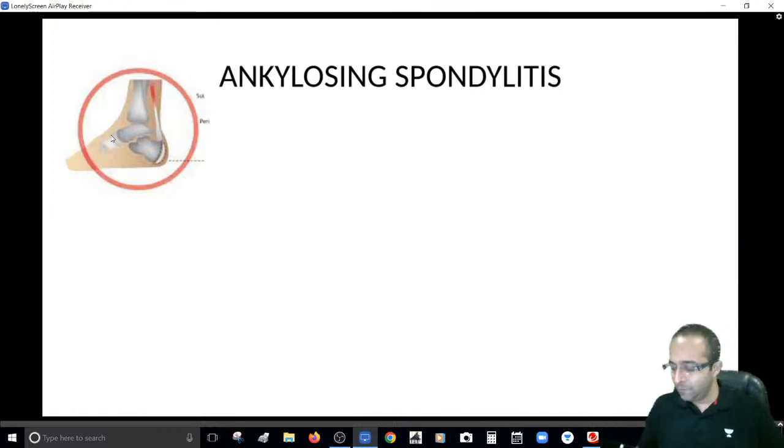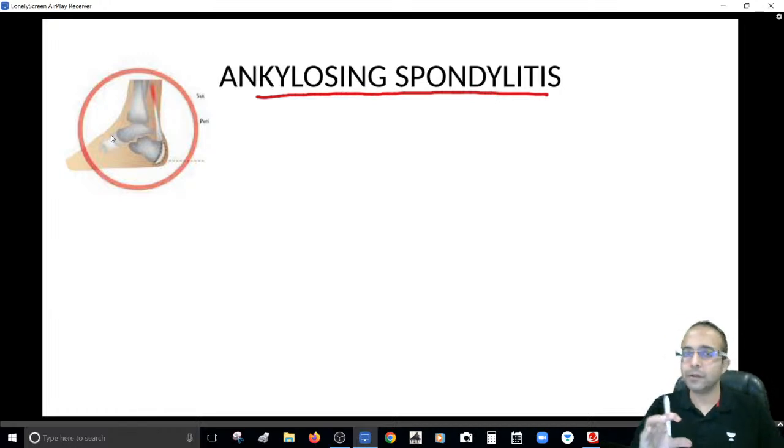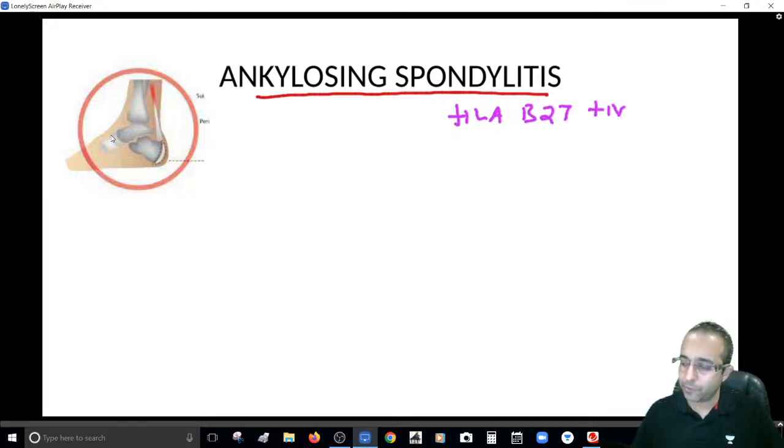See, first of all, this is an inflammatory arthropathy that needs a bit of understanding, because it's a little different from others. Undoubtedly, this is again an inflammatory arthropathy that's associated with HLA B27. So HLA B27 is definitely positive, and it's in fact positive in like 90 to 95% of the patients who have ankylosing spondylitis.